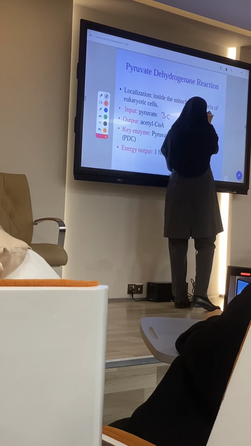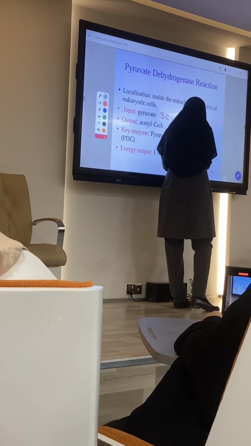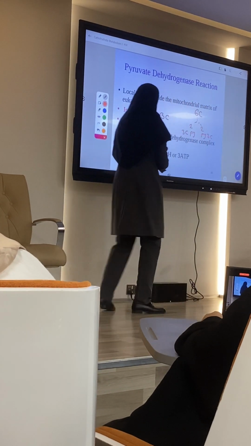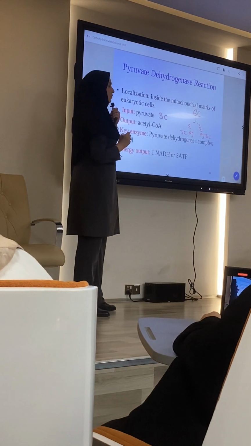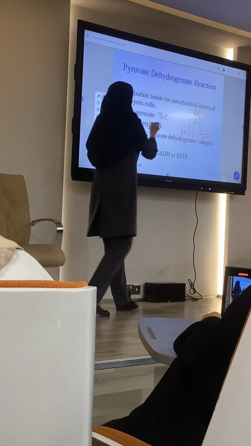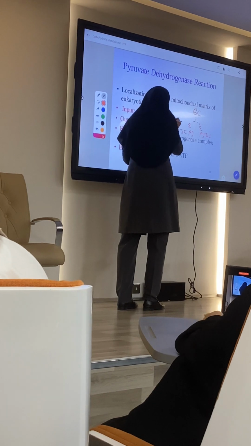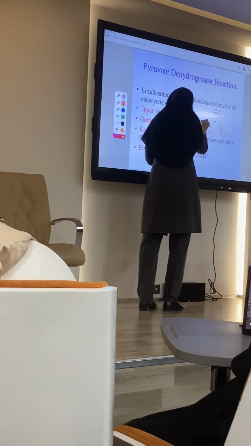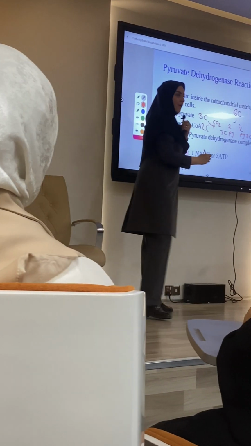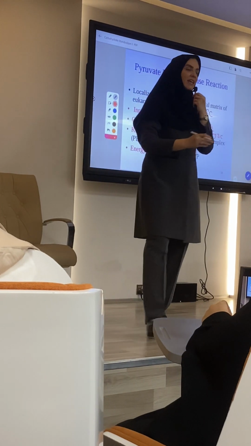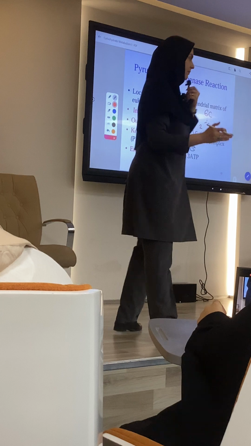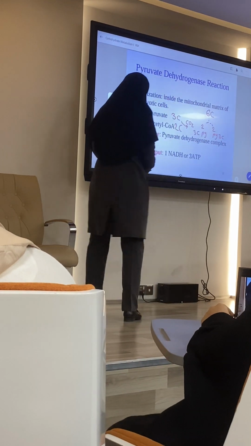So this is the 6 carbon, these are 3 carbon. You remember? Okay, what about acetyl? How many carbons? 2. So for this reaction, you have the release of CO2. When you release CO2 or carbon dioxide, it means decarboxylation.